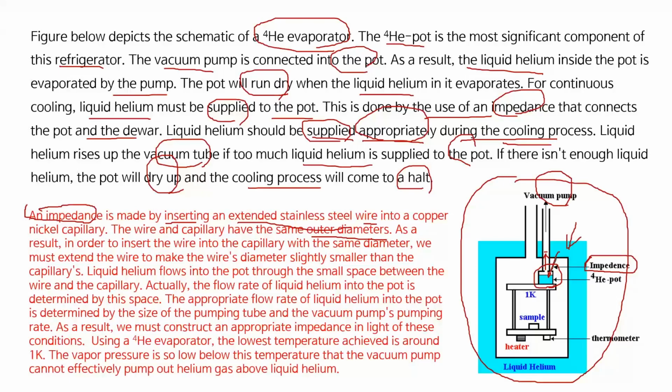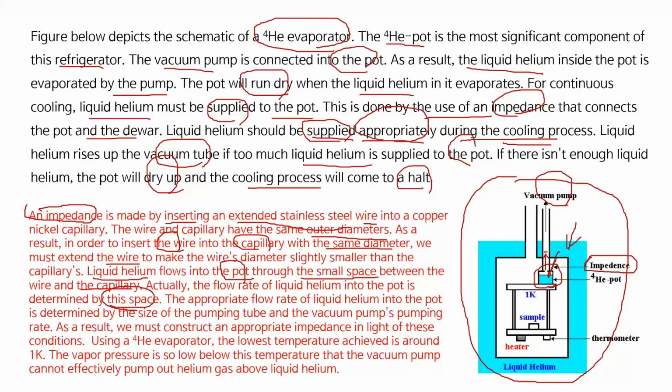As a result, in order to insert the wire into the capillary with the same diameter, we must extend the wire to make the wire's diameter slightly smaller than the capillary's. Liquid helium flows into the pot through the small space between the wire and the capillary. Actually, the flow rate of liquid helium into the pot is determined by this space.